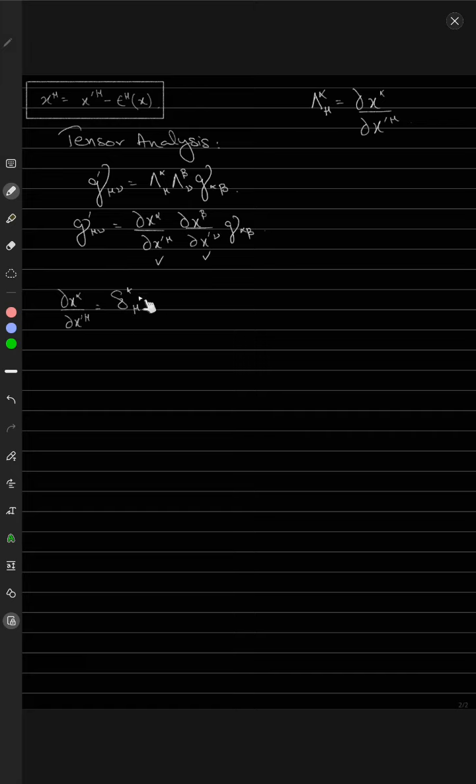When these indices are the same, it gives you 1, otherwise it gives you 0, right? That's from tensor analysis, or basic calculus. The next term would simply be, using shorthand notation, partial mu of epsilon mu, but this is a function of x.